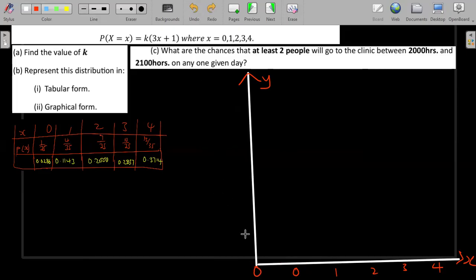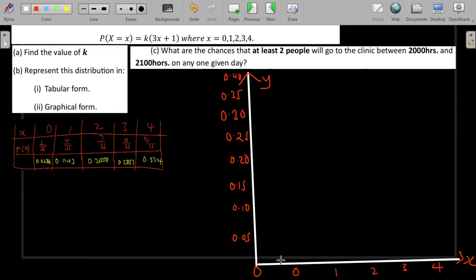So this is 0, and I'll label it in steps of 0.05. From there, I'm going to 0.10, 0.15, 0.20, 0.25, 0.30, 0.35, and 0.40. So now let's plot.